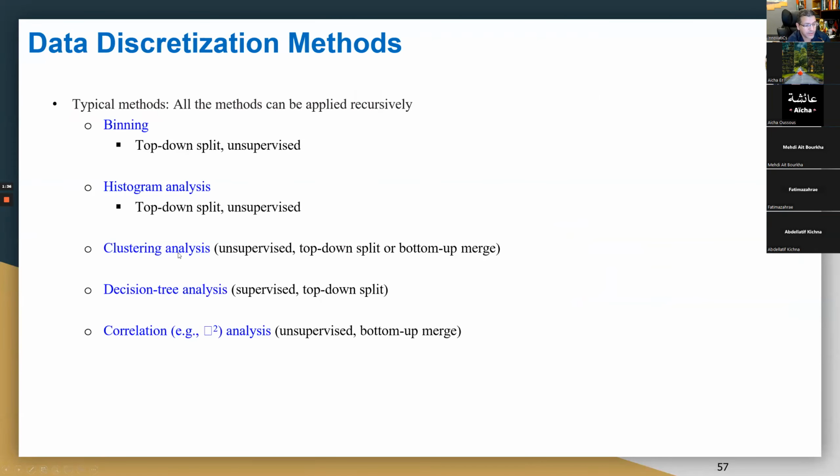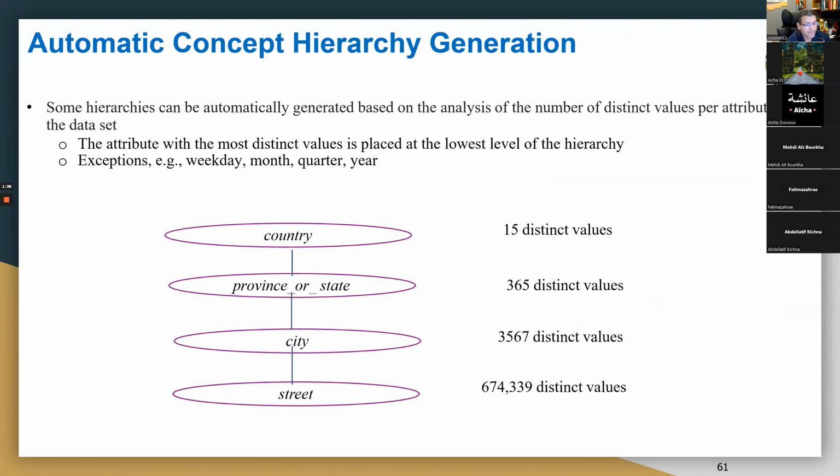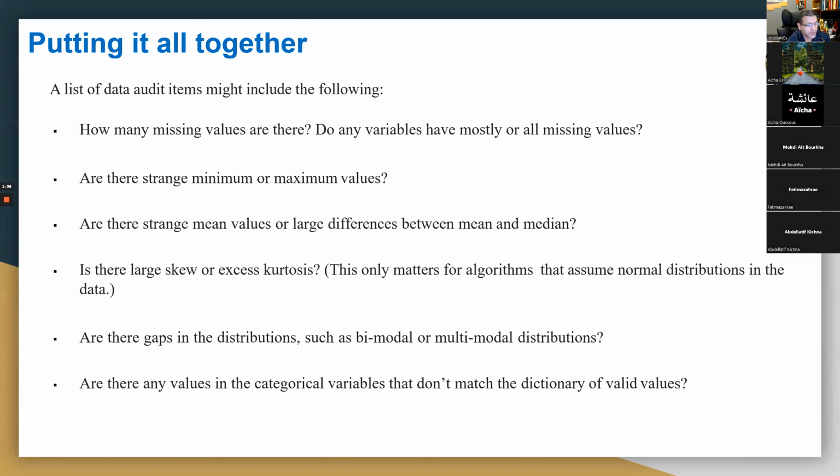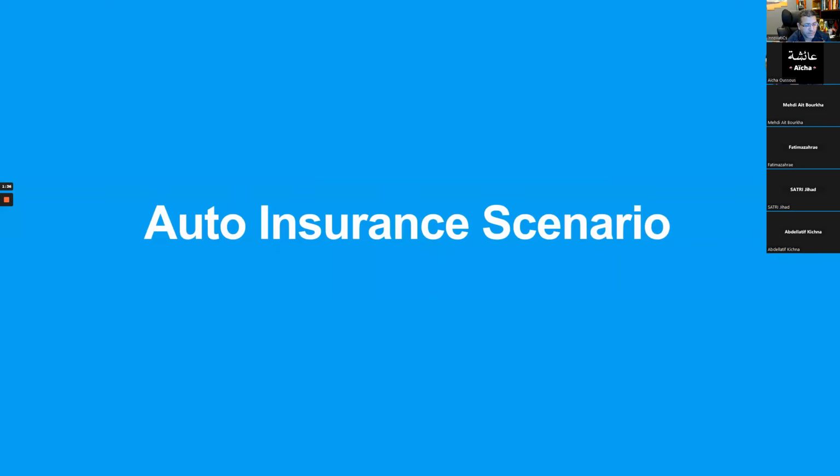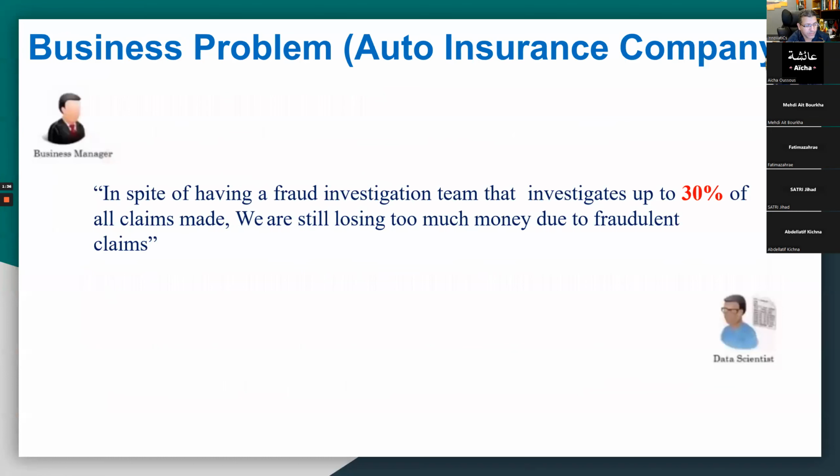Any questions, please? Yes. We also have robust algorithms for this type of skewness, like decision tree. I think these robust machine learning algorithms don't care about the skewness.